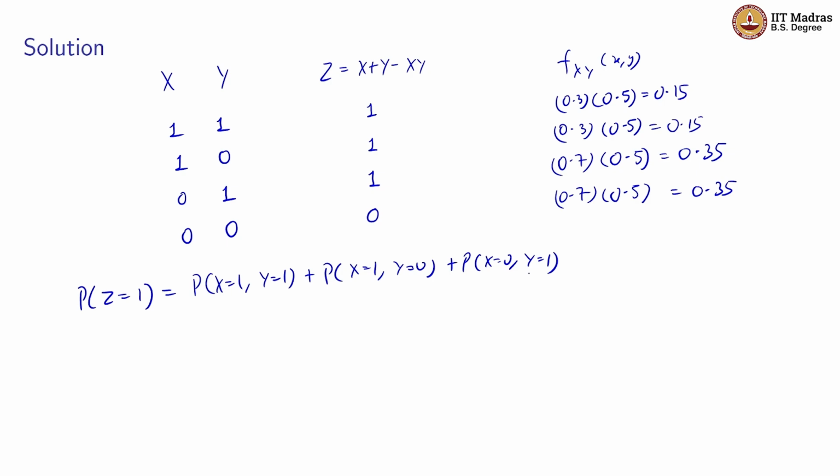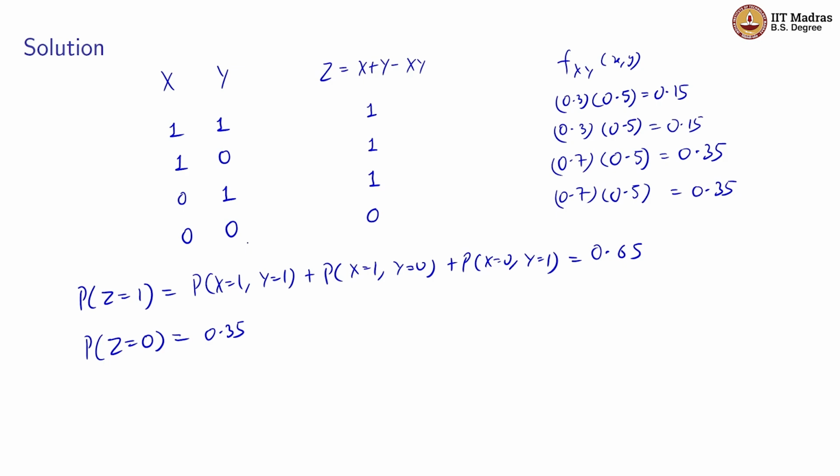So the probability that Z is equal to 1 is the sum of the joint probabilities, which is 0.65. Similarly, the probability Z is equal to 0 is 0.35, because for the pair X equal to 0 and Y equal to 0, Z is equal to 0.